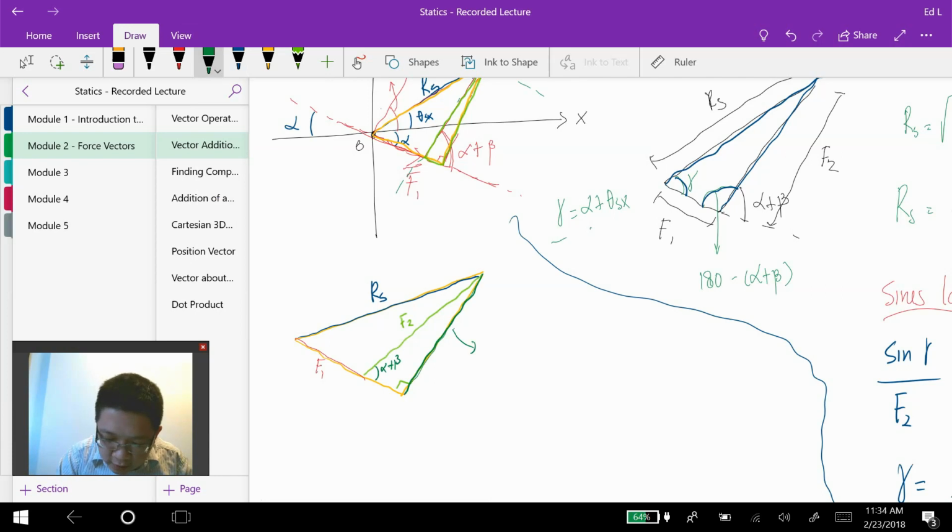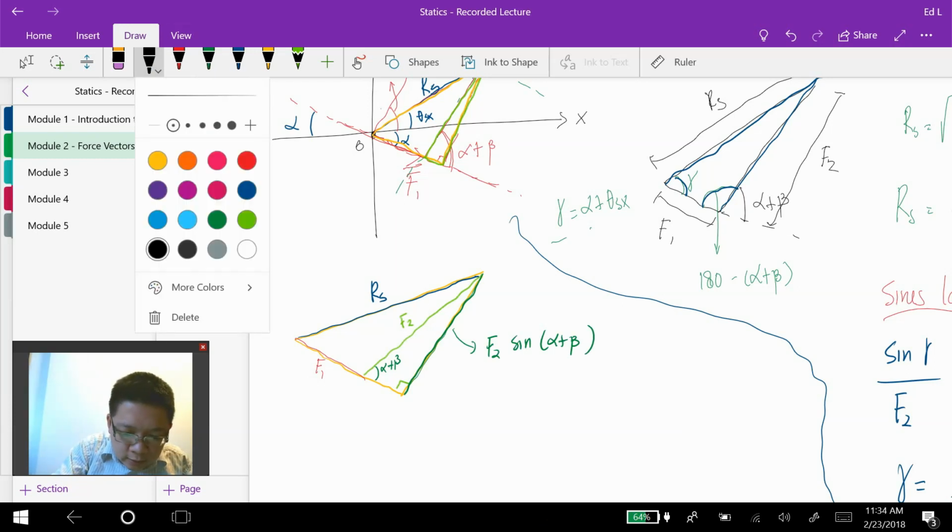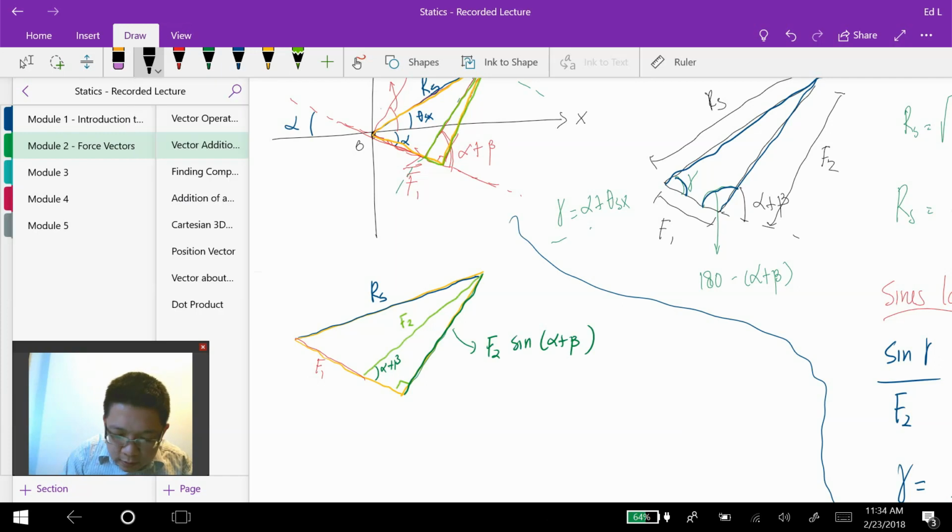The length of this dark green color right here is F2 sine alpha plus beta, right? And then the length of this black color right here is F2 cosine alpha plus beta.